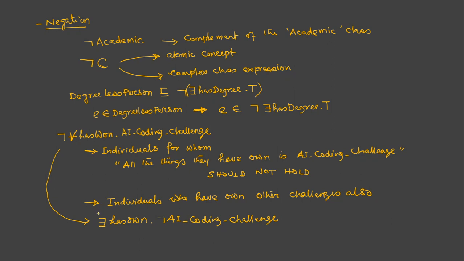So with this we are following this kind of interpretation, and with this we are following this kind of interpretation. Right? Both the things are equivalent. Now we have observed that we can use intersection and union of classes.